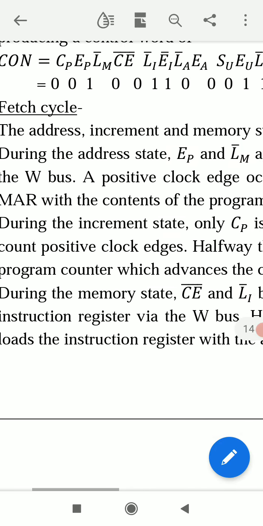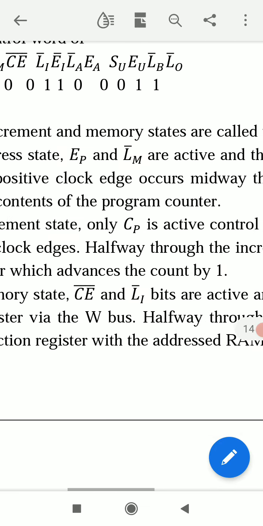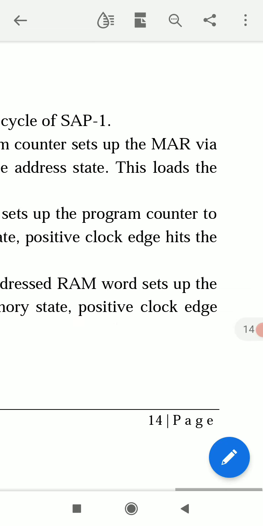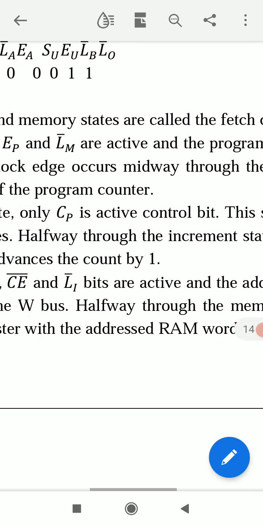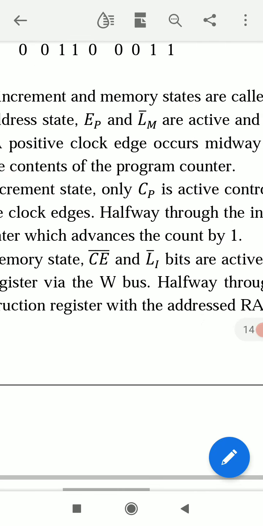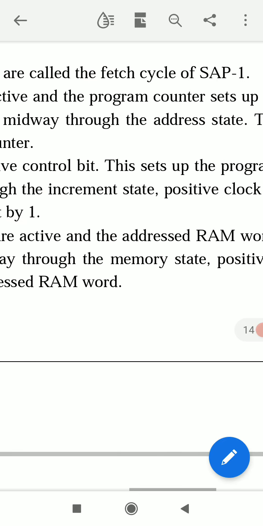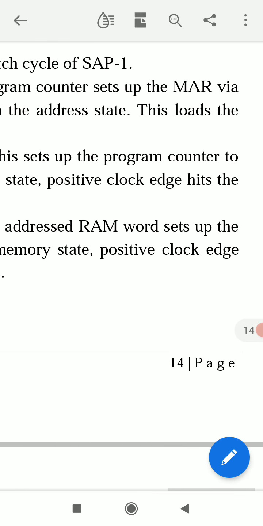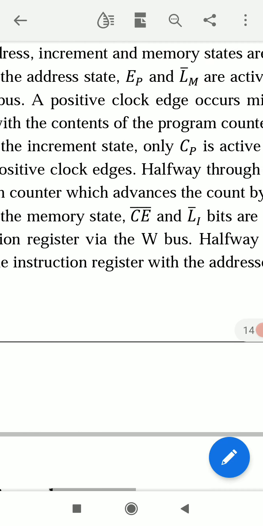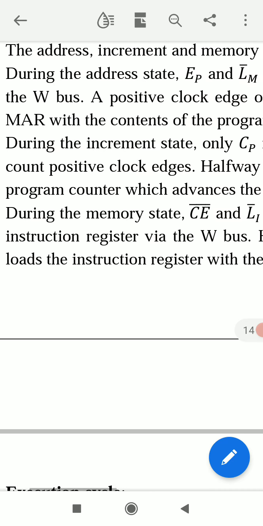During the address state, EP and LM bar are active and the program counter sets up the MAR via the W bus. A positive clock edge occurs midway through the address state. This loads the MAR with the content of the program counter.